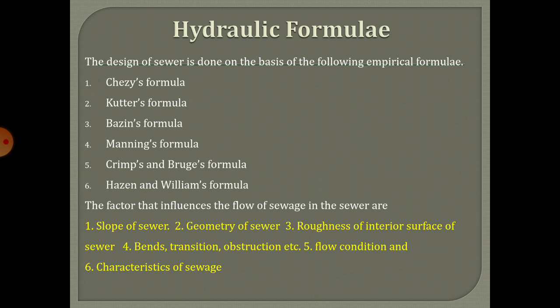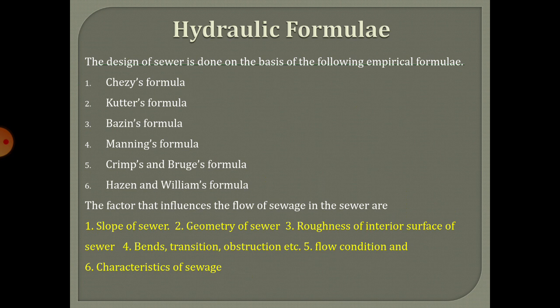The factors that influence the flow of sewage in the sewer are: the first one is slope of sewer, geometry of sewer, roughness of interior surface of the sewer, bend, transition, obstruction, etc., flow condition, and last is characteristics of sewage. So, the flow of sewage mainly depends on these six factors.